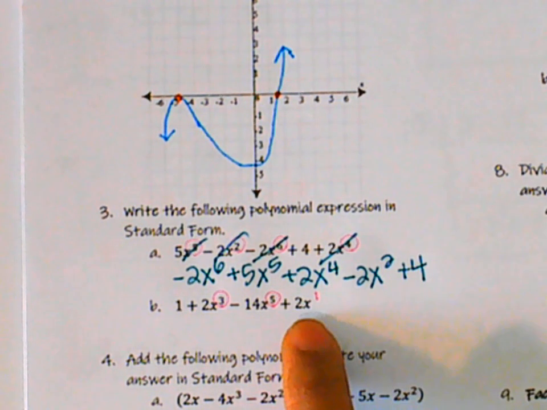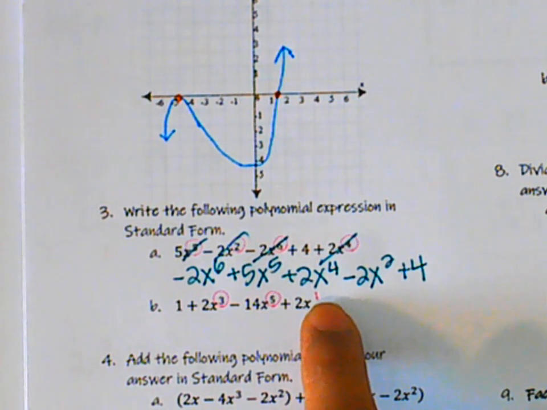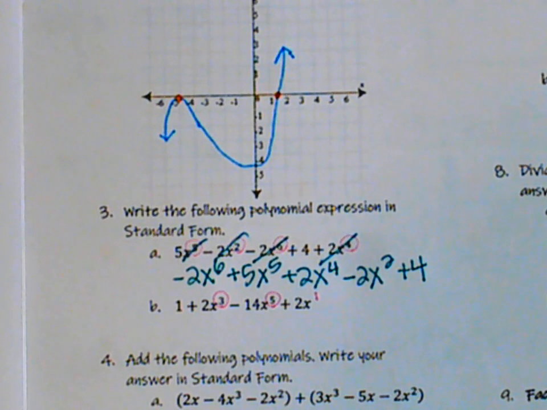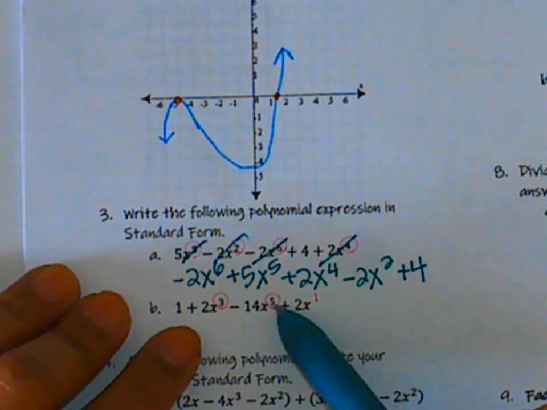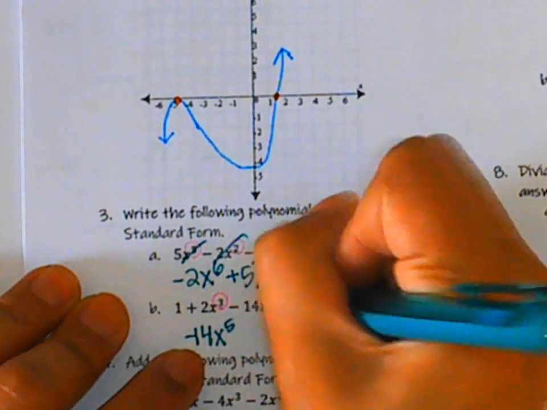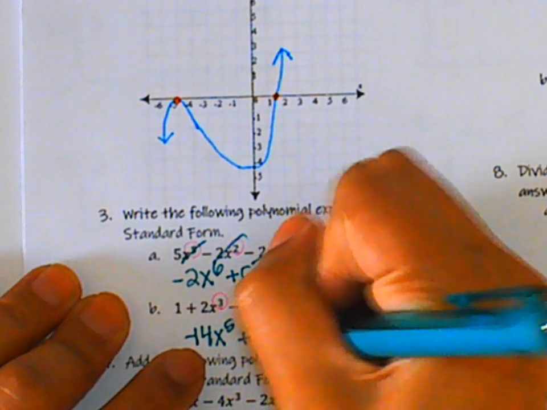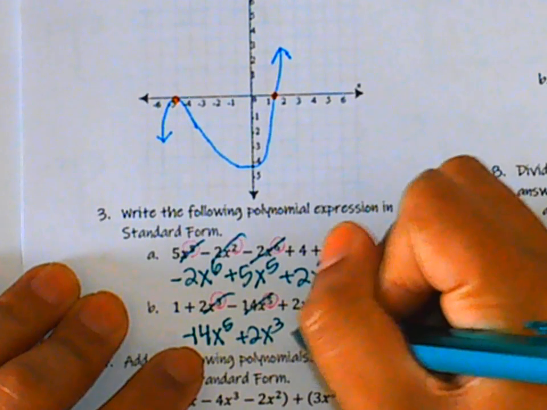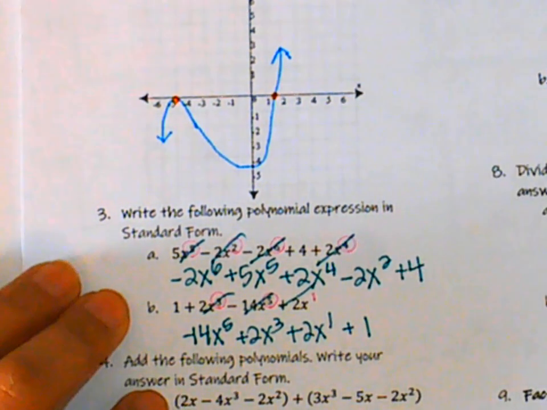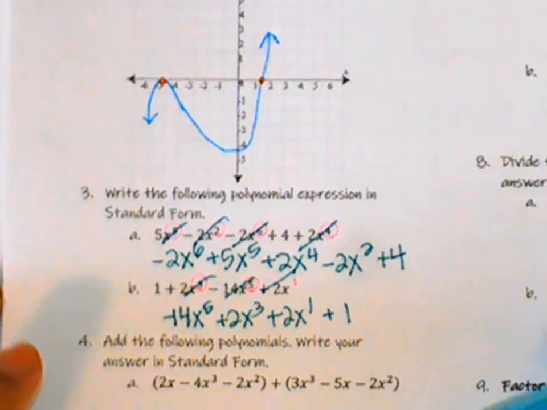I have a variable here, so that means it's an exponent of 1. When you don't have a variable, that means your exponent is 0. So again, starting with my largest, and that is your equation in standard form.